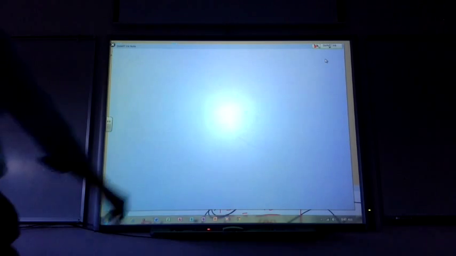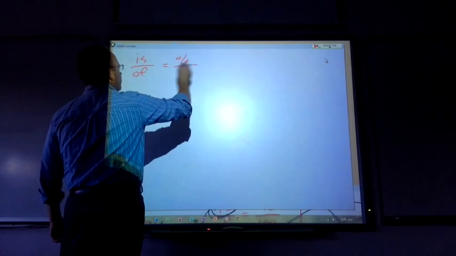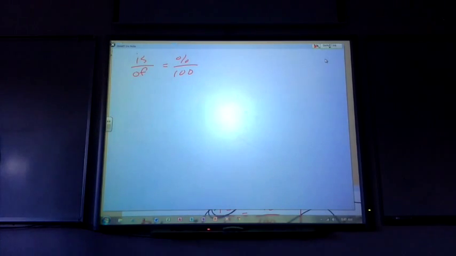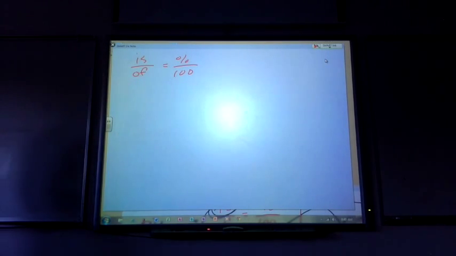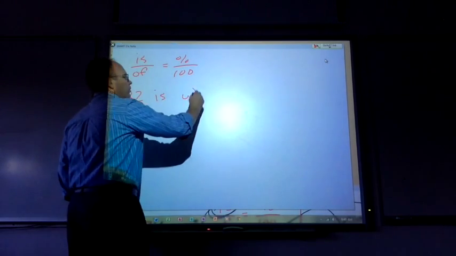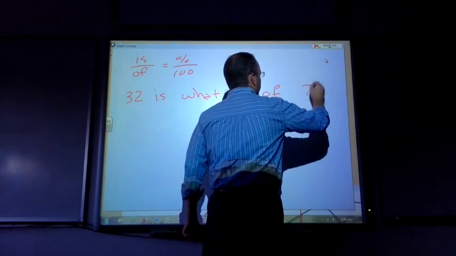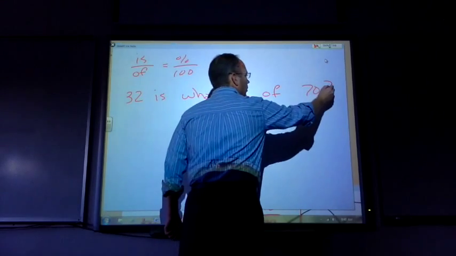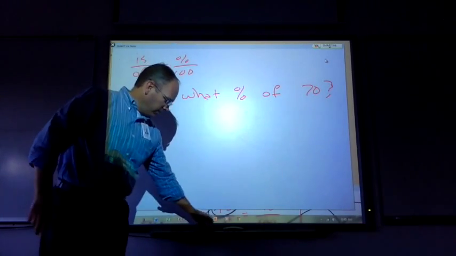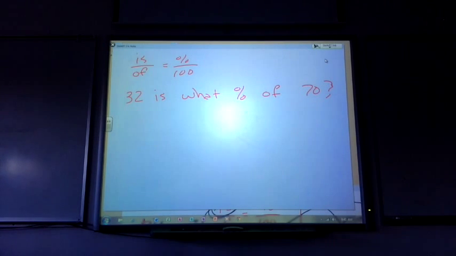All right. Again, is over of equals percent over 100. Still with me? What's my constant? 100. That means I'm not substituting in for it. 32 is what percent of 70? That's a question mark. Is is closest to what number? 32 is what percent?